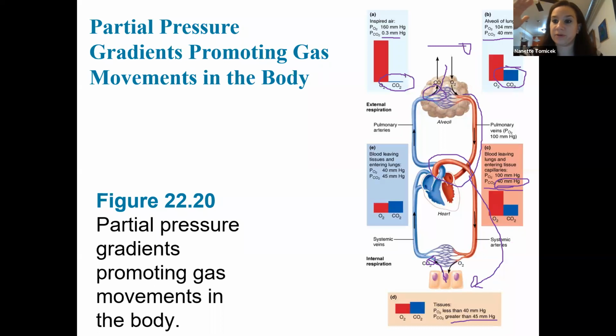So we're going to go from having 40 millimeters of mercury in the blood. Now we're going to look more like the tissue. Now we're going to pick up that 45 millimeters of mercury here. So now we're in the venous blood. So now we're carrying away, we've gone up in our partial pressure here, all the way through the right side of the heart. Okay, and then we're coming back into the alveoli.